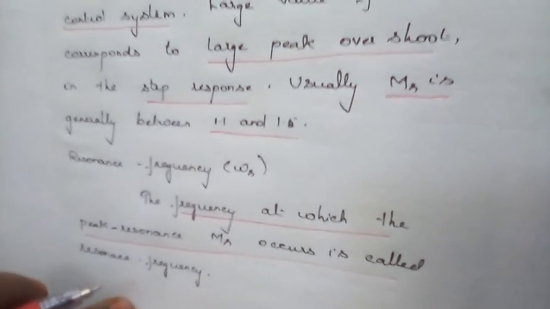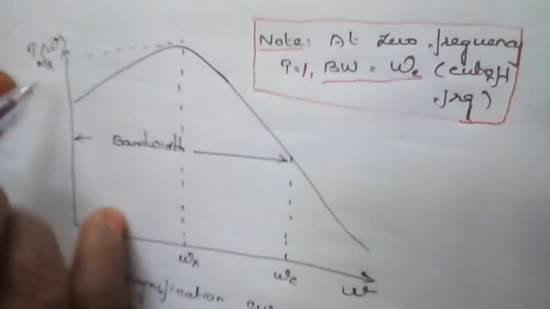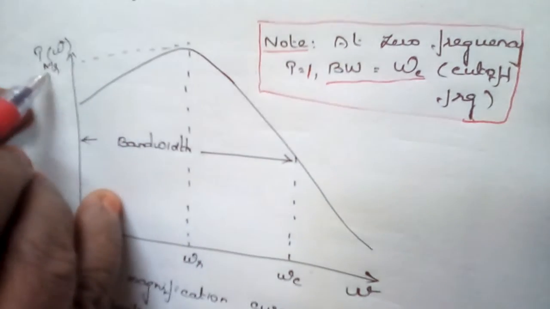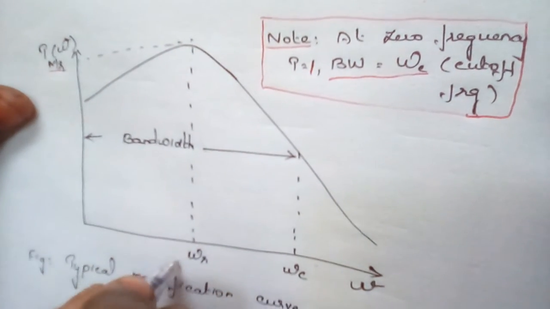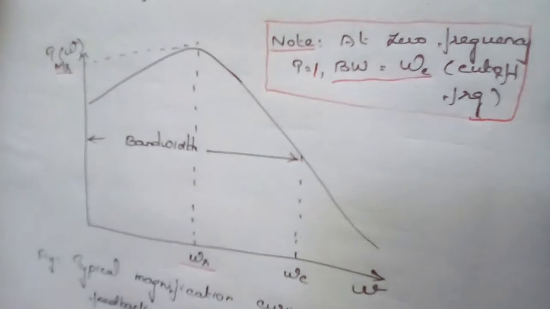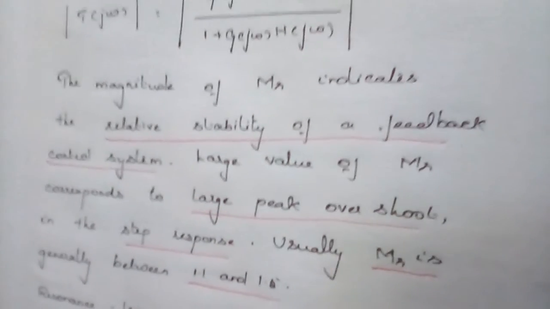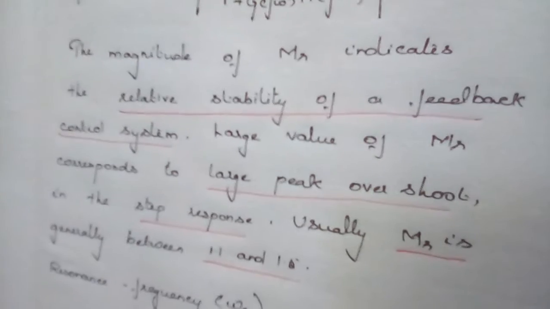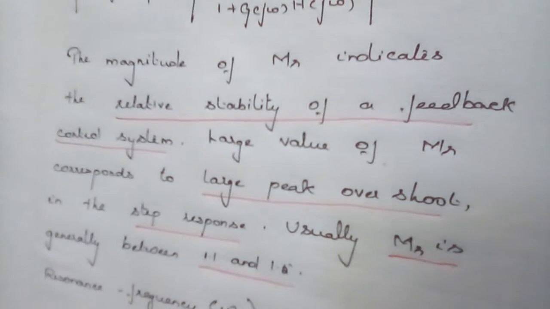So for the maximum value of MR, we have the resonant frequency omega R. The resonance frequency omega R is nothing but the frequency at which the peak resonance MR occurs.